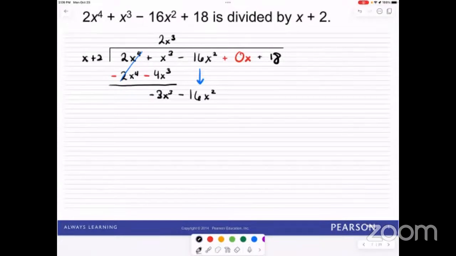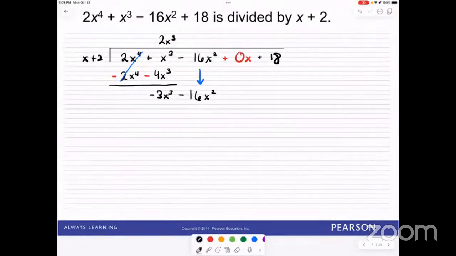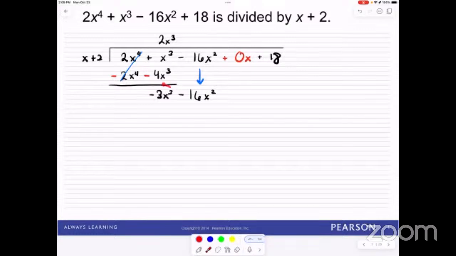First divided by first: this guy divided by this guy gives us a negative 3x squared. On the diagonal, we multiply, so we get negative 3x cubed minus 6x squared. Then we distribute our negative into that second row, because we want to subtract the whole expression.